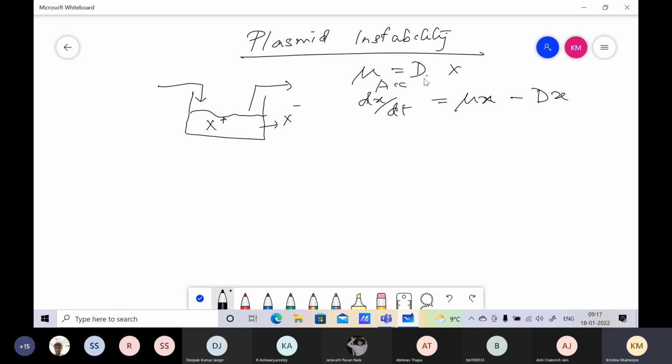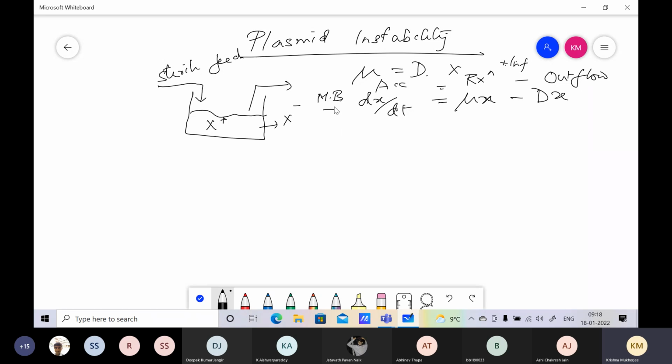So this is essentially accumulation is equal to reaction or growth minus outflow, because input of cells was 0. There should be a plus inflow, but inflow is 0 because this is a sterile feed. I'm reminding you.